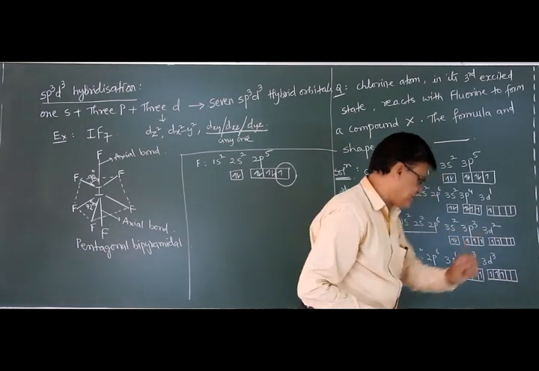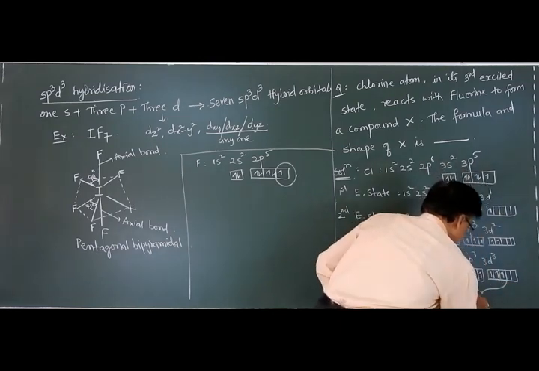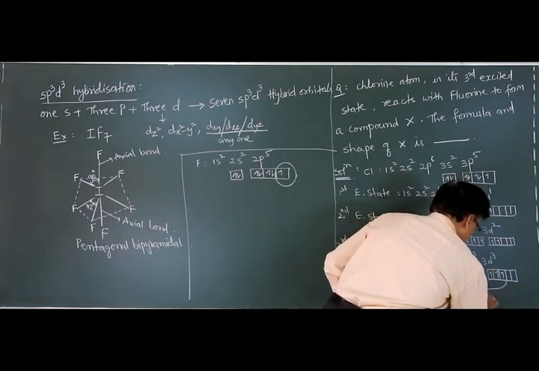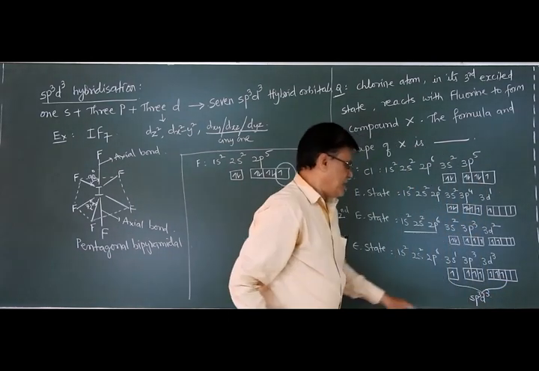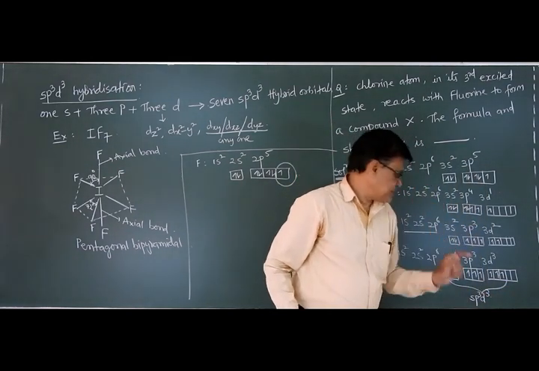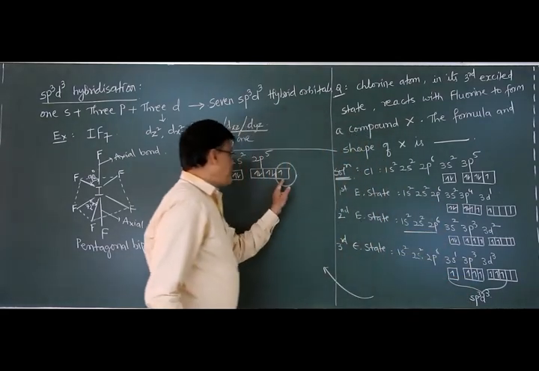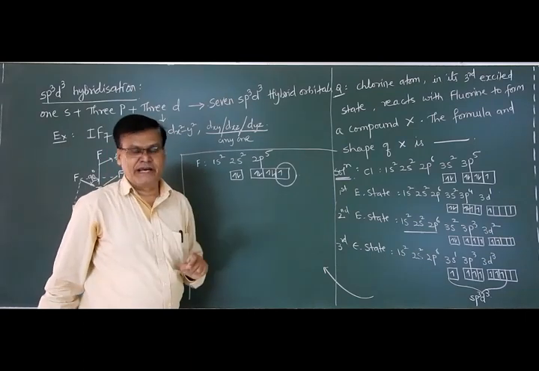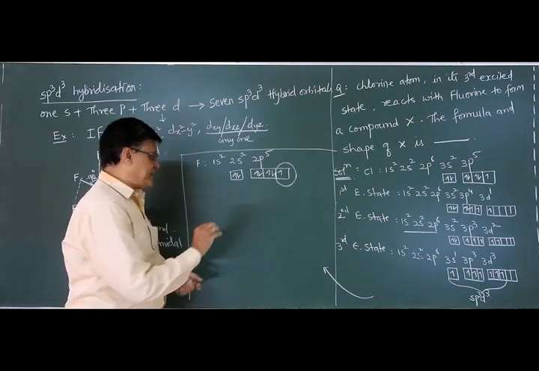sp3d3. These orbitals undergo hybridization. Clear? How many are there? 7. The 7 sp3d3 hybrid orbitals react with the 2p orbitals of 7 fluorine atoms to form a pentagonal bipyramidal geometry.